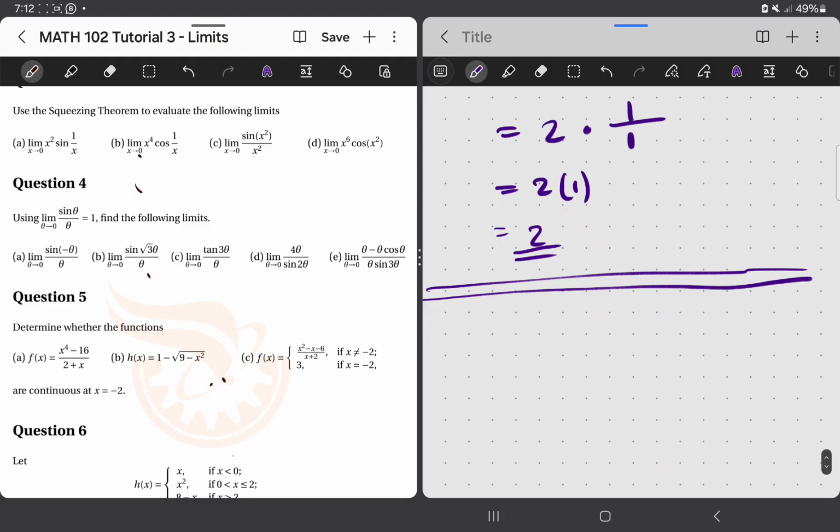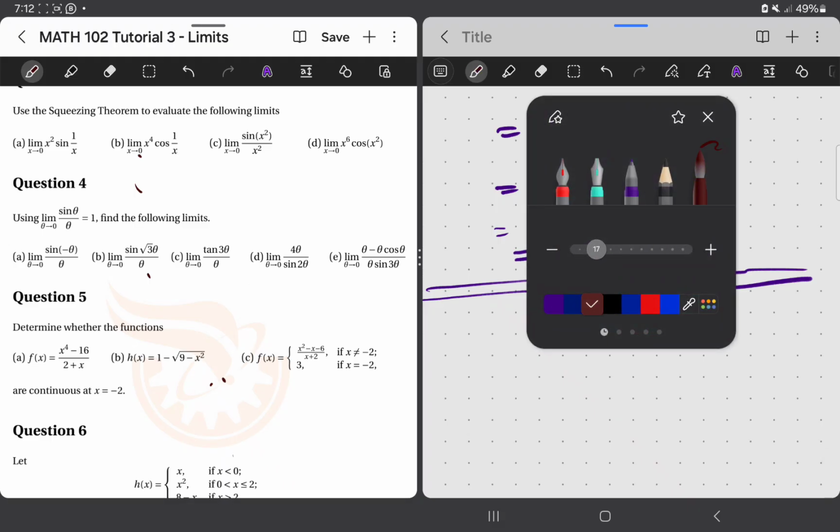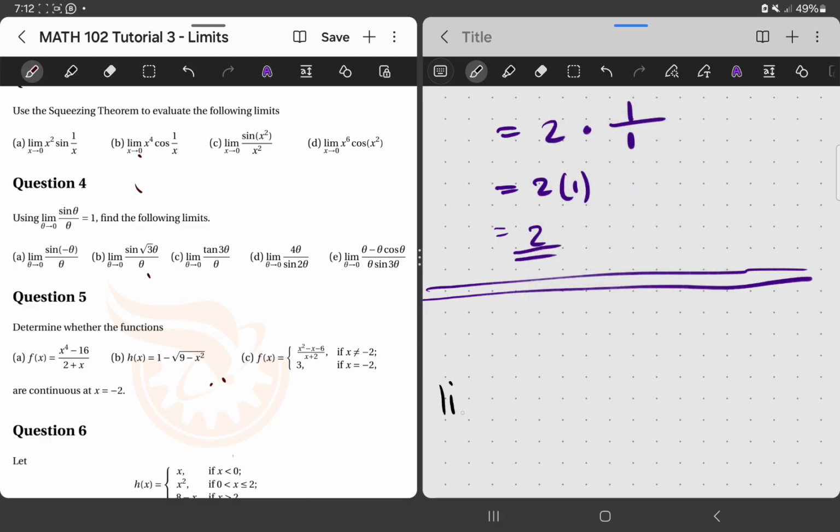This is how we solved it, by knowing the double angle. Now, if you don't know double angle, another way to solve it is to say the limit as theta goes to 0 of 4 theta over sine 2 theta. What we are going to do is make the top and the bottom the same. So we bring 2 outside.